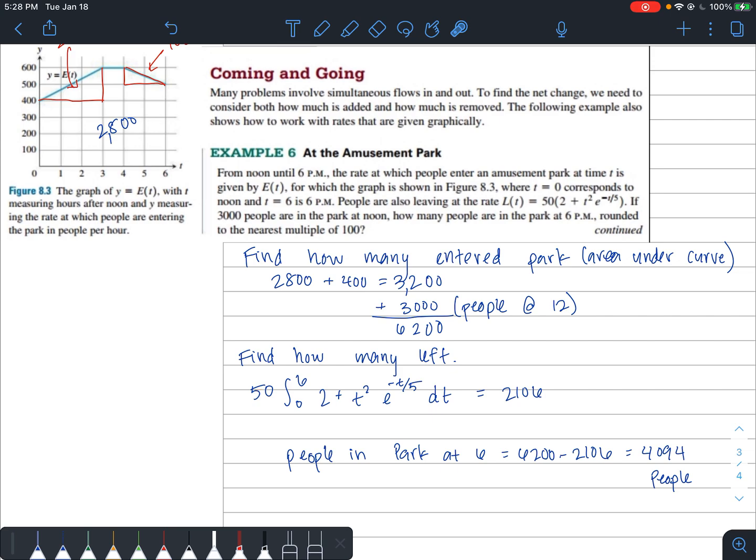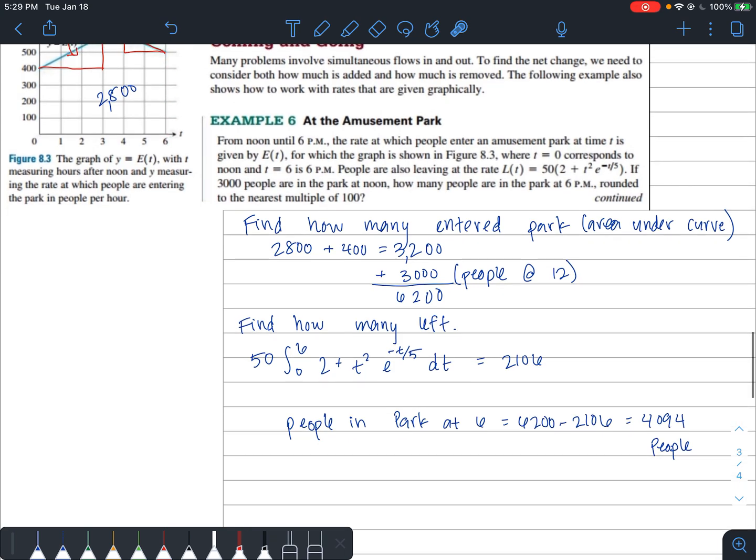So 50, I'm taking out the constant, times the integral from 0 to 6 of this right here. This one, again, I would just use an integral calculator. You can integrate this part right here. You'd probably have to use integration by parts. Totally possible. I used a calculator, but I got 2,106 people left from noon to 6 o'clock.